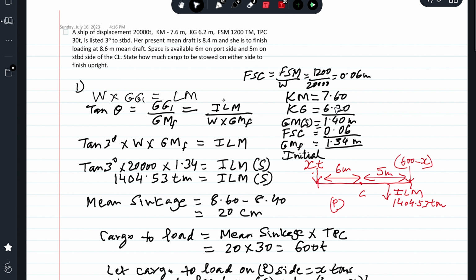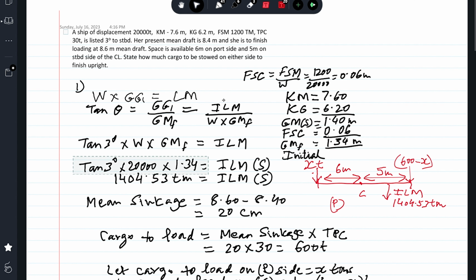KM is given in the question 7.6, KG is 6.2, GM solid will be KM minus KG, 1.40 meter. FSC, which I just found here, 0.06, I will subtract 0.06 from GM solid, I get the GM fluid initial 1.34. Okay, so GM fluid in the initial condition is 1.34, which is now inserted here in this formula.